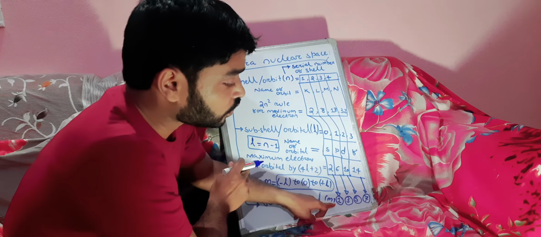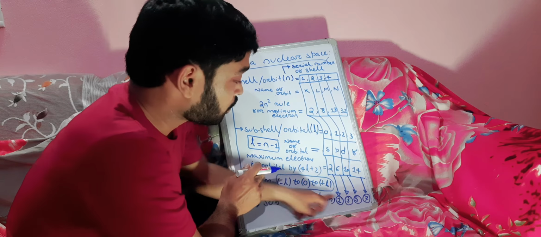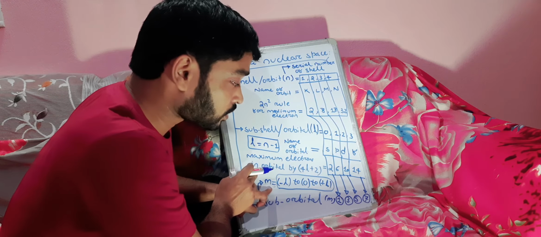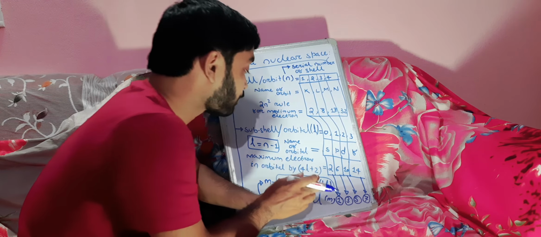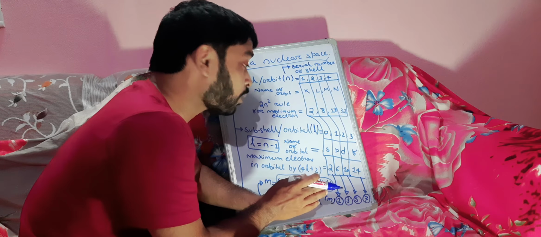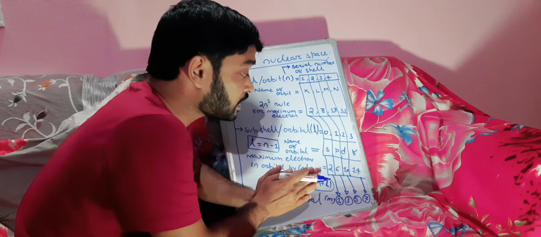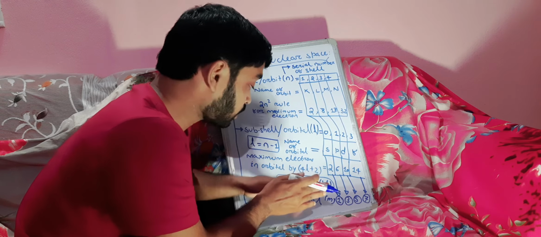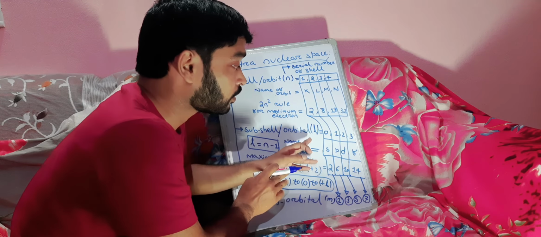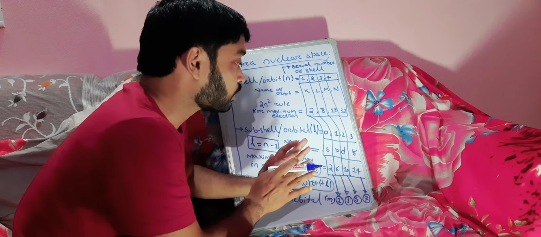We calculated this total number of suborbitals from the total number of m values. Now we should know how many electrons can be filled in each suborbital of the orbital. So we can use our logic.